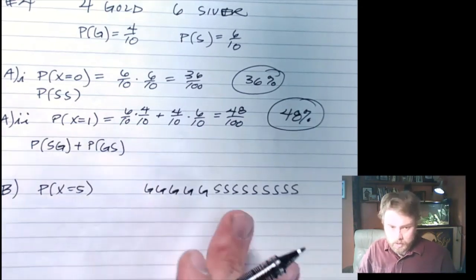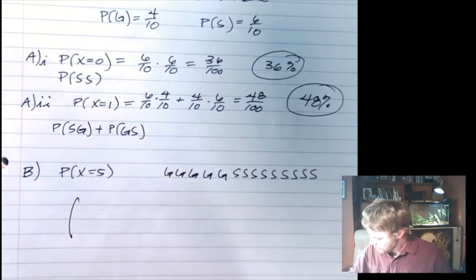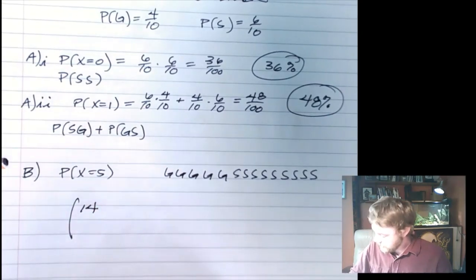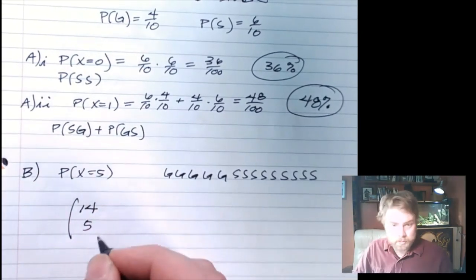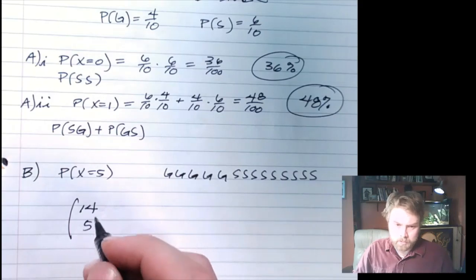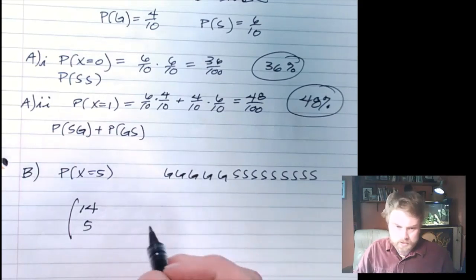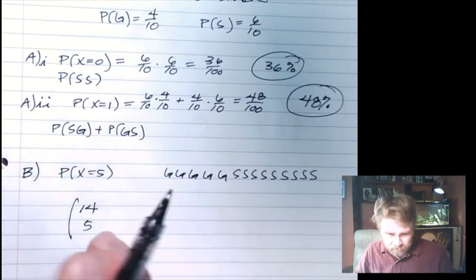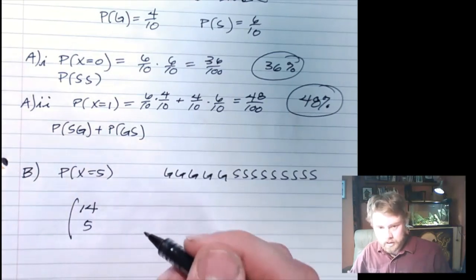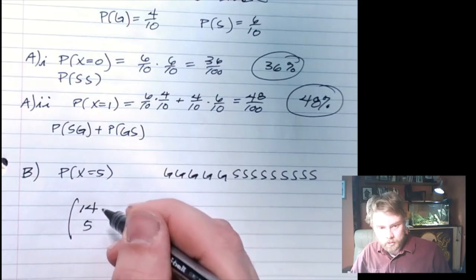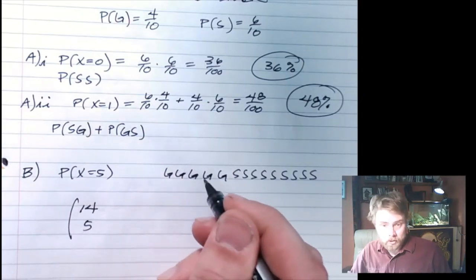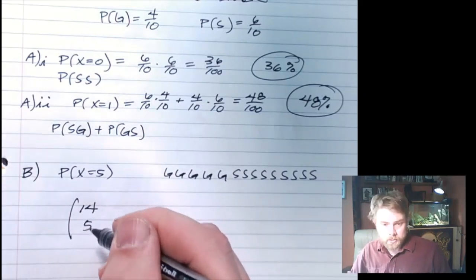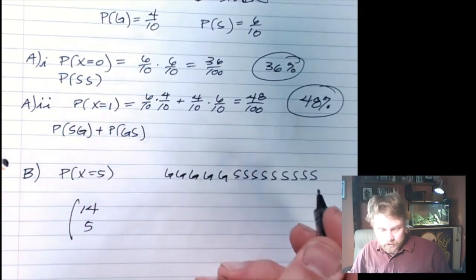And the amount of ways, if you have 14 and you want to choose 5 to be the gold ones, and it doesn't matter if you pick 9 to be the silver, it's the same number, because if you recall, Pascal's triangle is symmetrical whether you read it from left or right. So if you want to do 14 choose 5 gold, or 14 choose 9 silver, it's the same number.